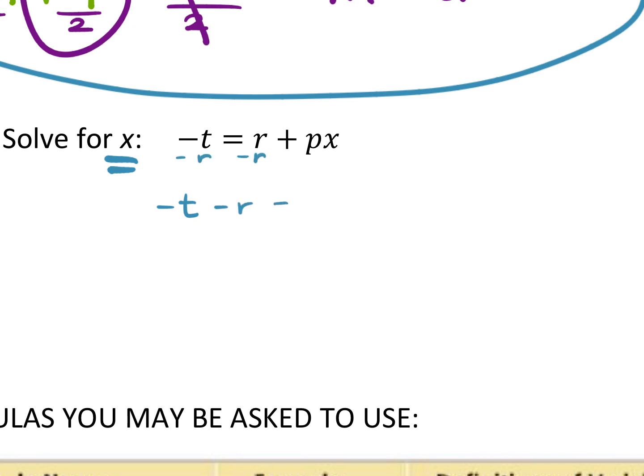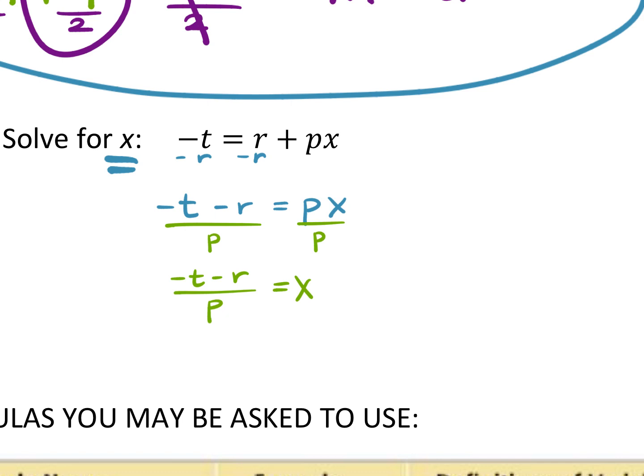And then we divide by p. So right now, -t minus r equals p over x. To get x by itself then, we have to divide, because right now we're multiplying. Okay, so this becomes x equals -t minus r over p.